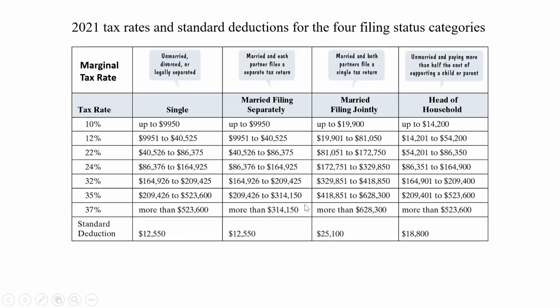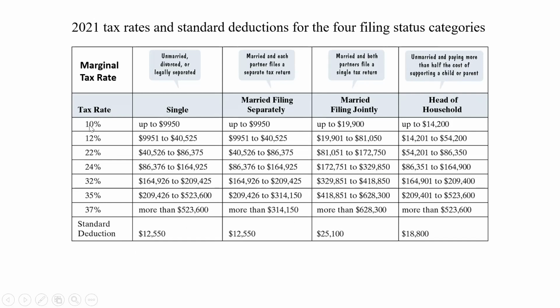So this is an example of a tax rate for 2021, and again, it's split up. We have unmarried, divorced, or legally separated; married, each partner files a separate return; married and both partners file a single tax return, or unmarried and paying more than half the cost of supporting a child or parent. And then you have your tax rates, how much you have to pay. Here's your standard deductions.